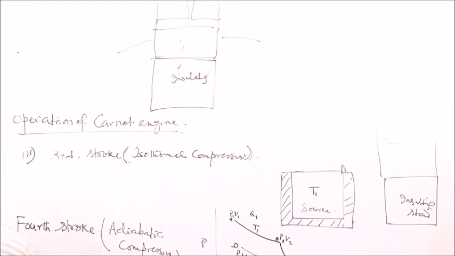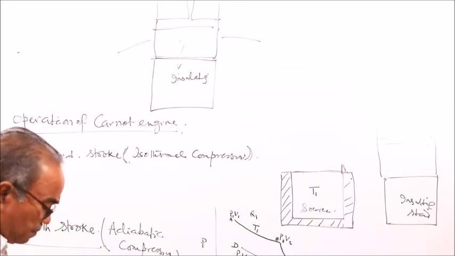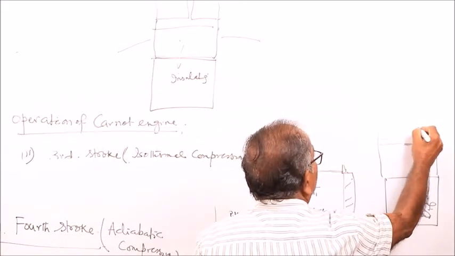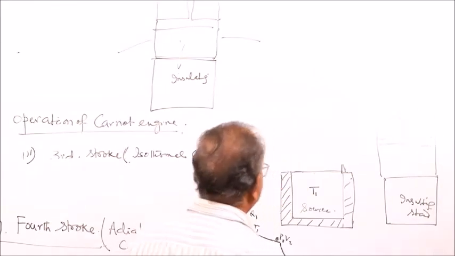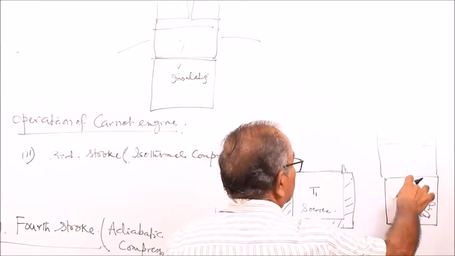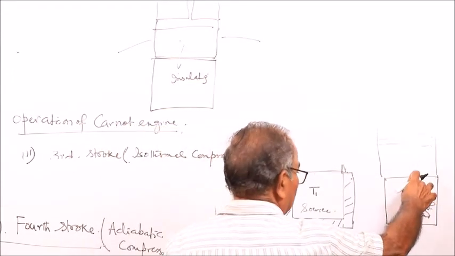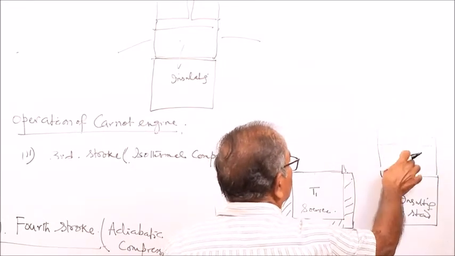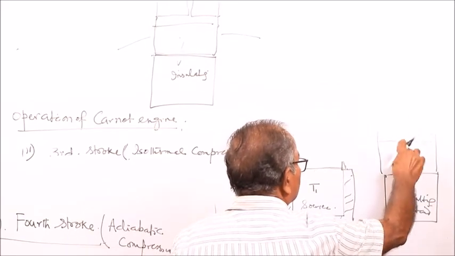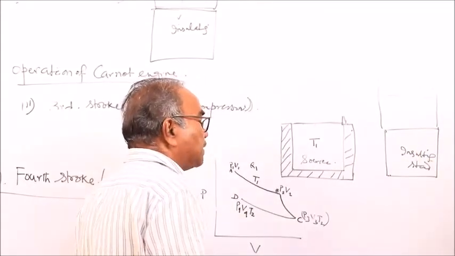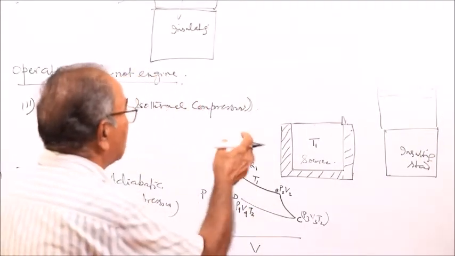Here we have placed it over the insulating stand, and we push the piston downward. There is compression, but no heat is rejected to the sink or outside, or received from the outside. Since the volume is decreasing and no heat is exchanged with the outside, this is adiabatic compression.